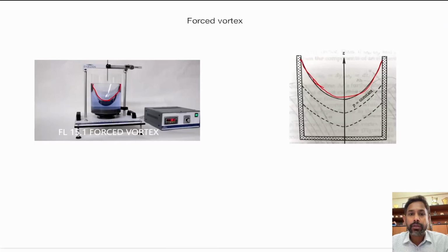In the beginning there is a developing phase when you start applying a force. That time the force that you are applying converts into frictional force, and that creates this vortex motion. Once the vortex is formed and you are rotating it with constant speed, it will just maintain this shape. So we are going to derive a solution for this maintained shape, not for the development of this shape.